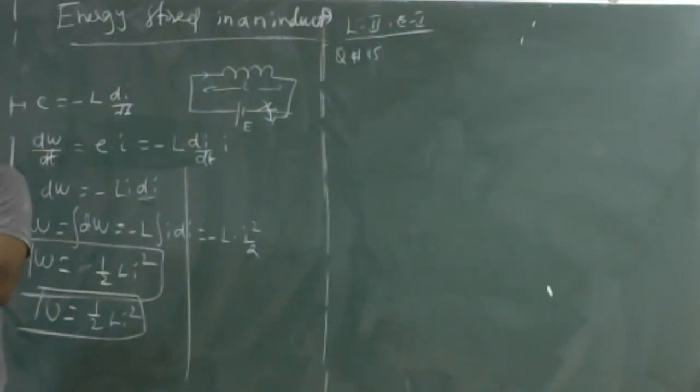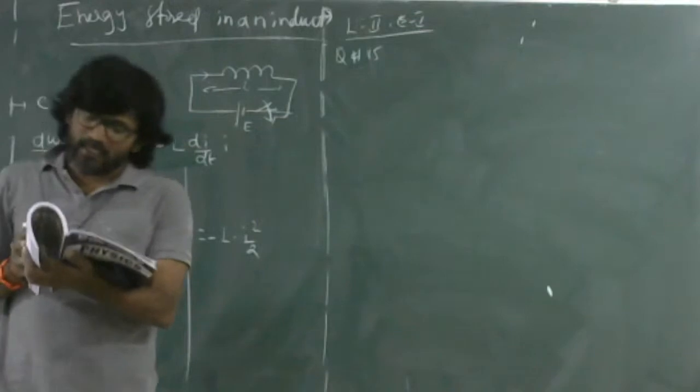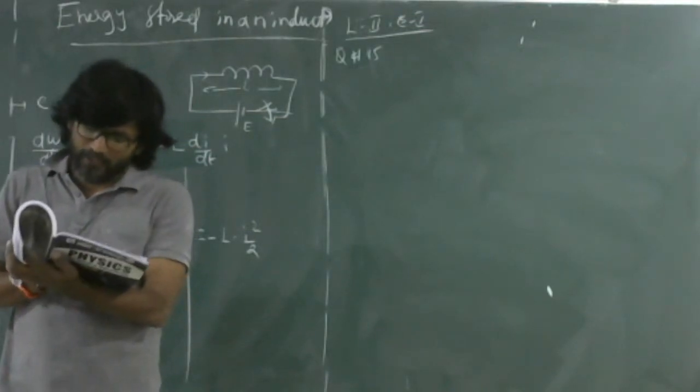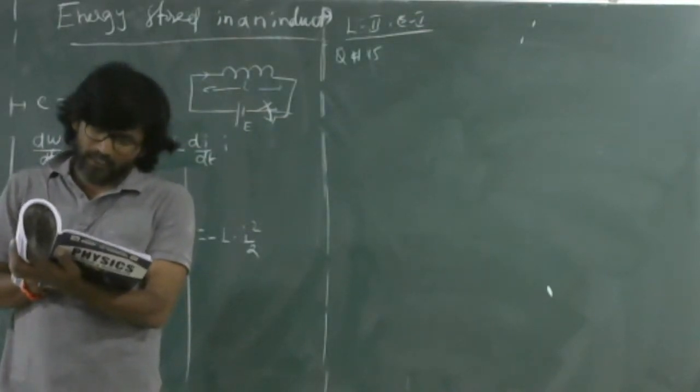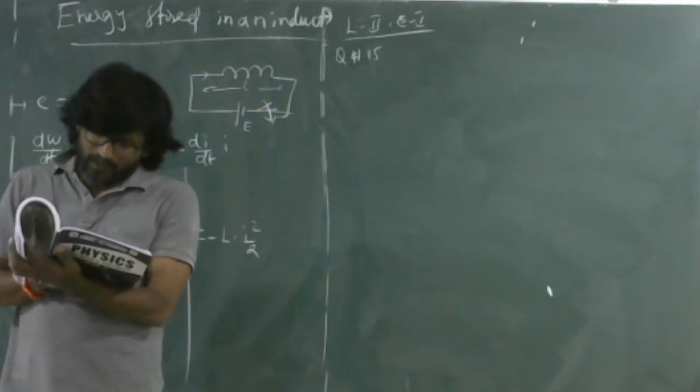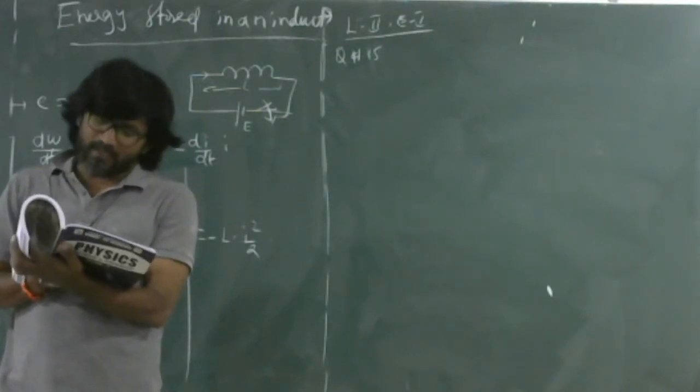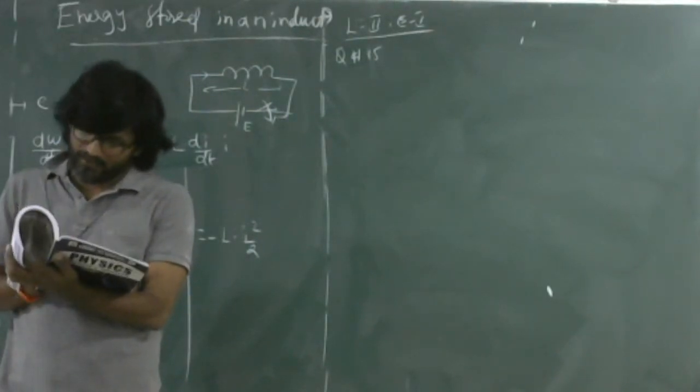It is given that there are two batteries A and B having same EMF. A has no internal resistance and B has some internal resistance.